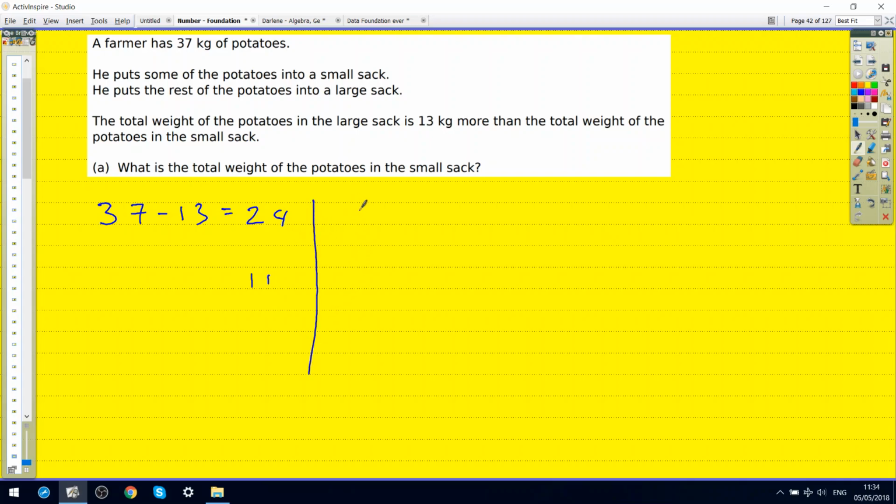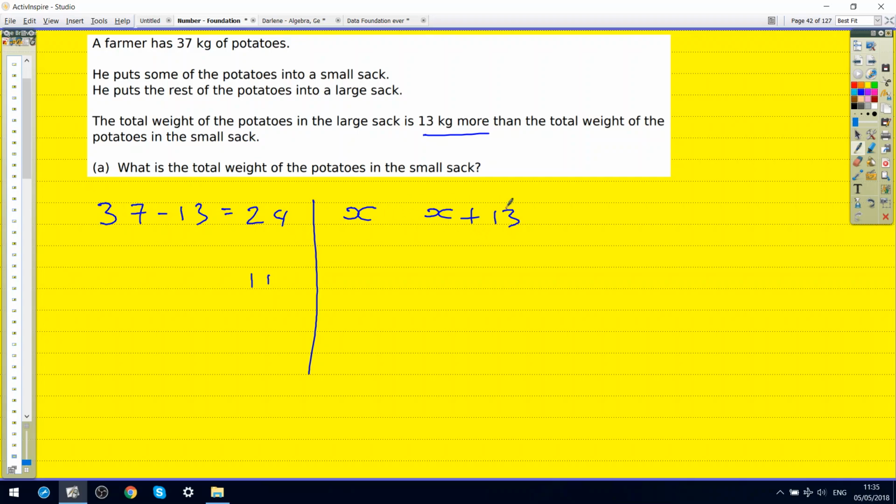So the method I would use for this one is the small sack, let's call that X. What about the large sack? Yeah. No, it's 13 more. No. That means X plus 13.